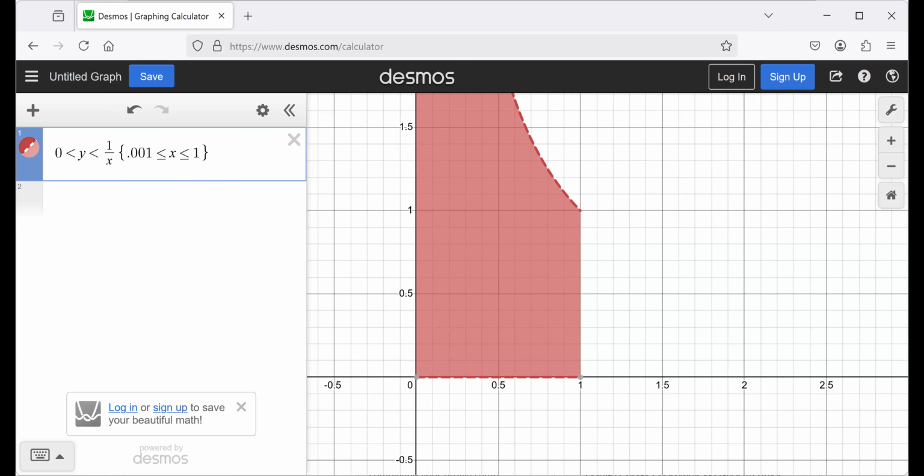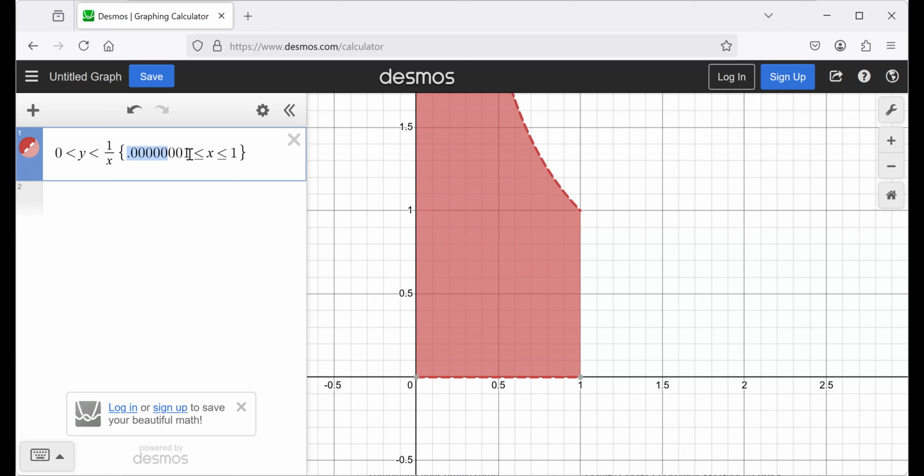Now it's smaller still, and again, there's no problem here. This function is defined, it's continuous on this interval. It has a finite area. We can use the fundamental theorem of calculus to find the area. So we can find all of these.